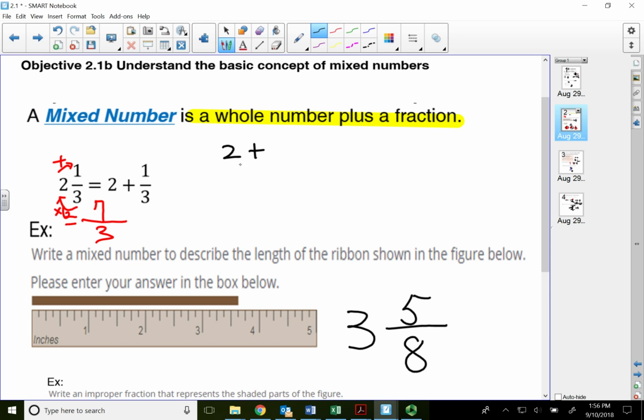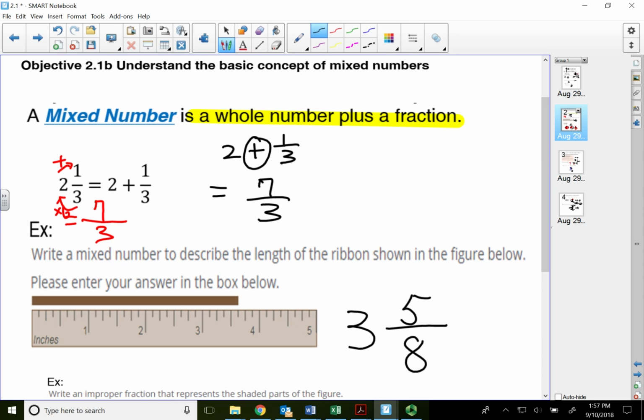So the answer of 2 plus 1/3 has to also be 7 over 3, doesn't it? It has to be exactly the same answer. So whenever we combine a whole number with a fraction, we can always use the same trick as if we were converting to an improper fraction to figure out the answer. And the word combine is an algebra wording. Combine means add or subtract.